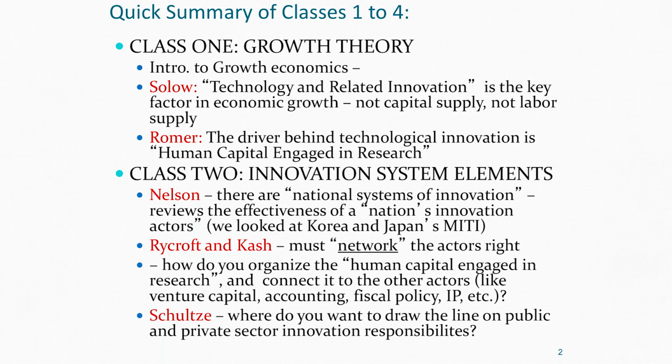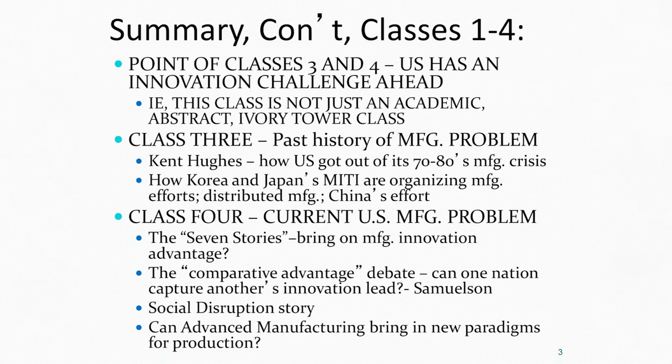And we also read Charles Schultz, a noted economist from the University of Minnesota who was a senior governmental official in the Lyndon Johnson era and then Jimmy Carter era. And he raises the issue of what's the public role, what's the private role? As we look at innovation systems, what should the public function be versus what the private sector should be, right? An absolutely fundamental set of issues.